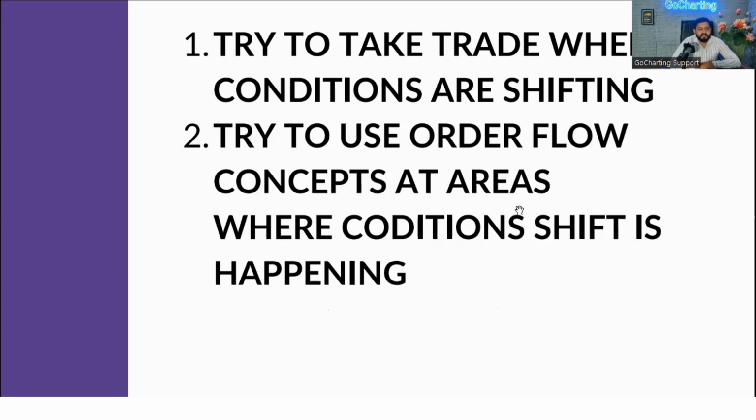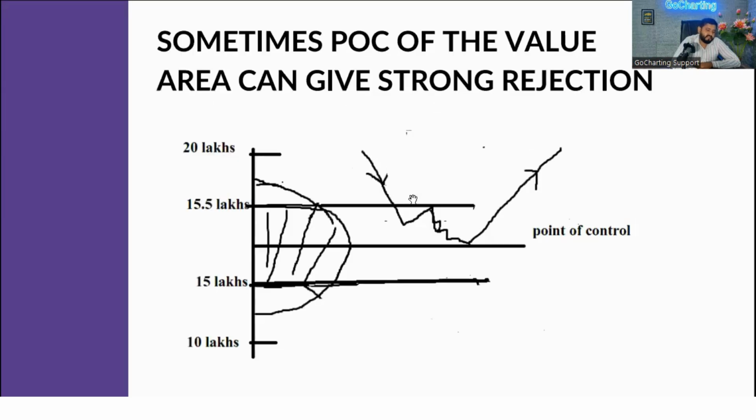So now, what are some golden rules? First, try to take trades where conditions are shifting. Why? When the conditions are shifting, say for example, this was imbalance and it is coming into balance, this is the best time to take a trade, because nobody knows where the market is going to go. But with the help of auction market theory and order flow concepts, you have some idea that the market may go here.